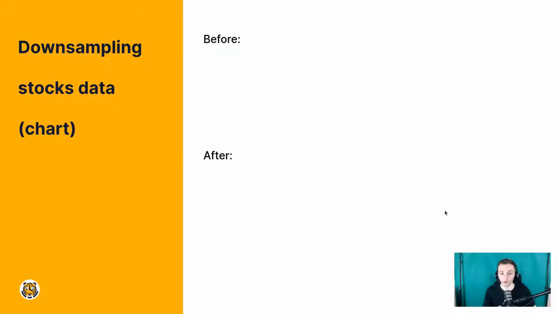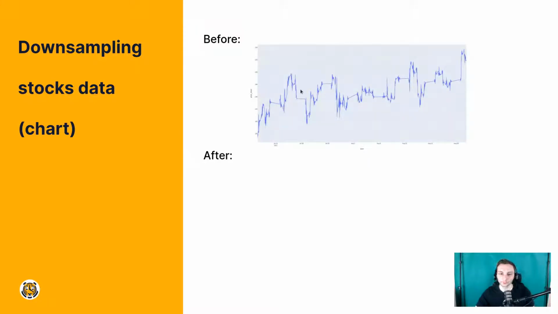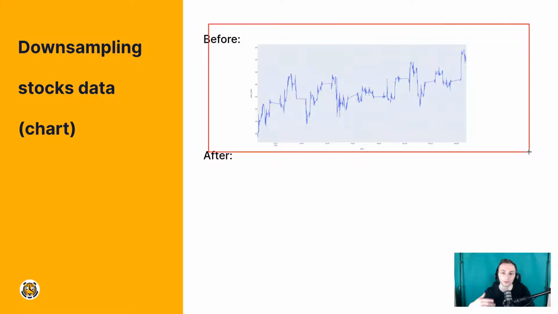All right, now let's look at some examples of what downsampling looks like. First, on the front end. So if we talk about a chart, for example, this chart here is just a line chart, a time series chart for a stock symbol, and it shows the stock price of that symbol. I think it was actually Apple from between July and August, but it basically shows the values over time for Apple, the stock prices over time.